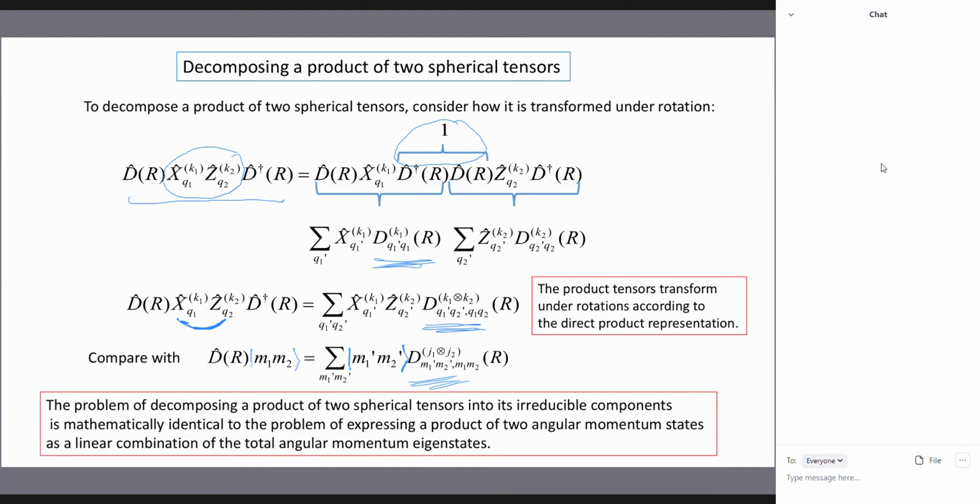So let's write this down more clearly. What I want to say is that we have a product of two angular momentum states. Then we can, of course, always introduce the completeness relation like this.